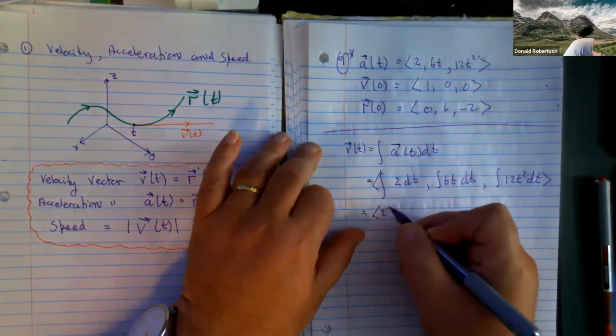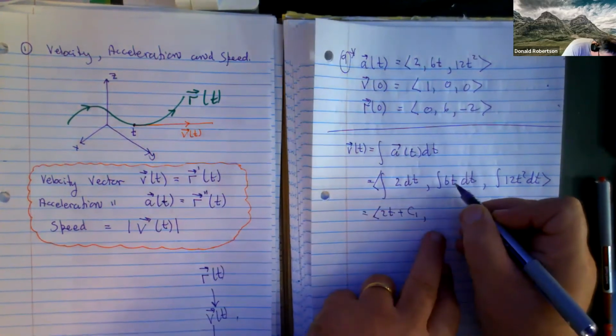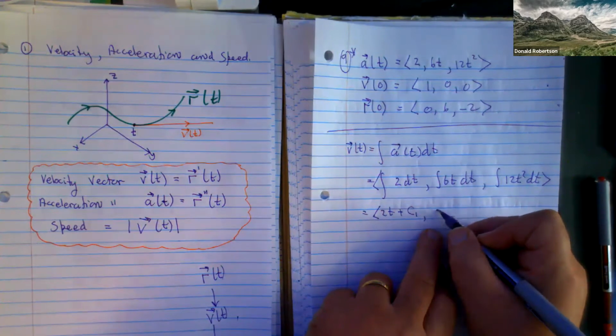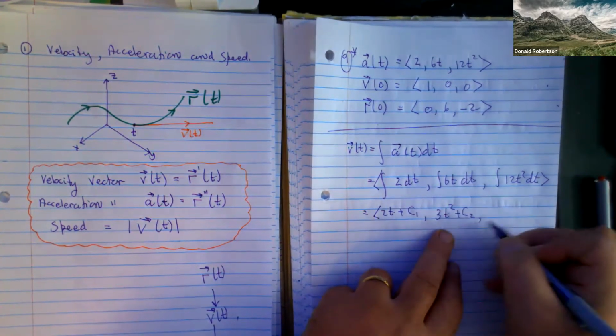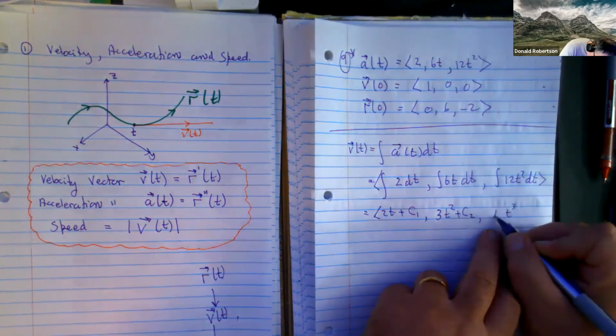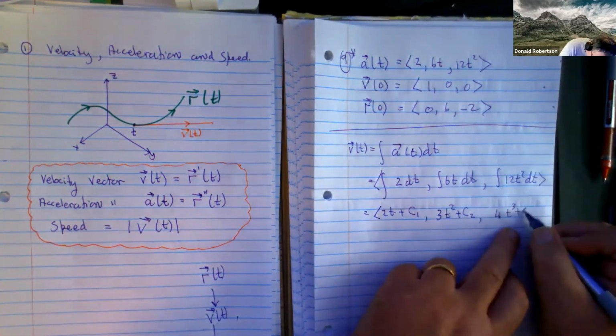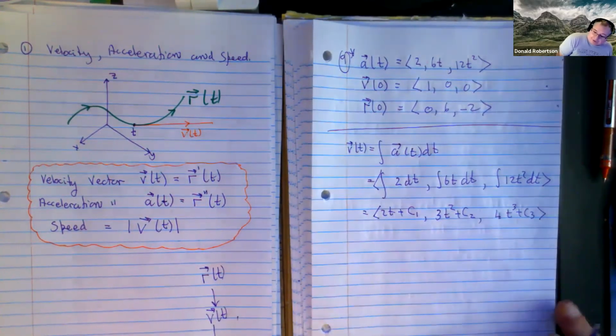That gets you 2t plus an arbitrary constant. Add 1 to the power, divide by the new power, so 3t squared plus an arbitrary constant. Add 1 to the power, divide by the new power, and that gets me my third arbitrary constant. Are we good?